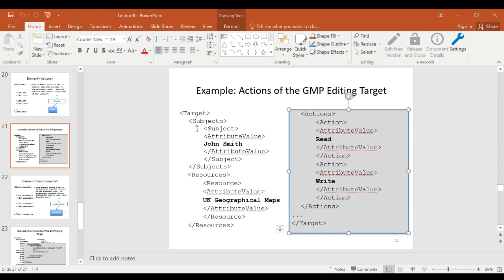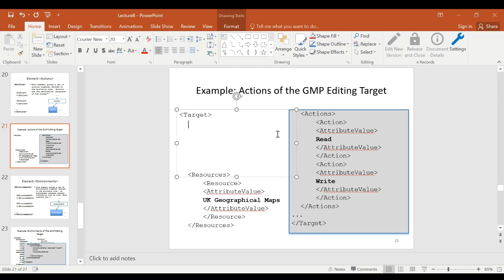Okay, so if you decided, let's say, to remove your subjects, and you only included resources and actions, then that means that you are saying here that the target applies to every subject. Okay, it's not just John Smith.